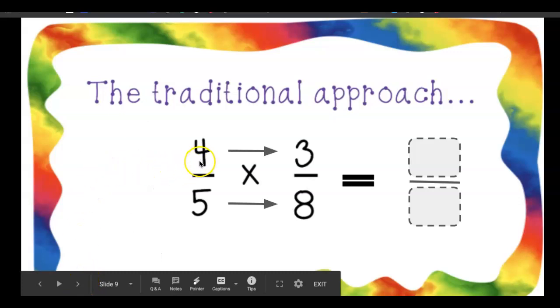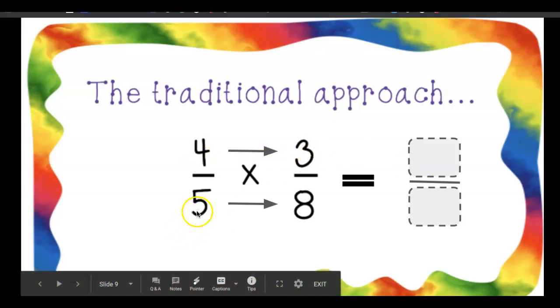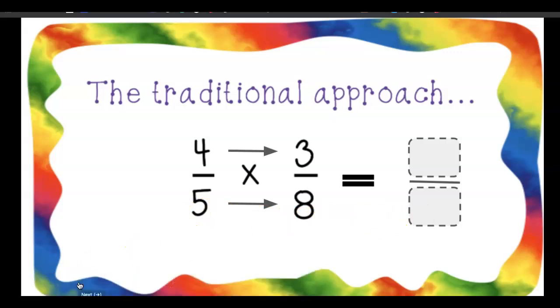So same with this one. If we use the traditional approach, we would go 4 times 3, that would give us 12, and 5 times 8, and that would give us 40. So we'd have 12/40. If we would reduce that, we would have 3/10, I believe.